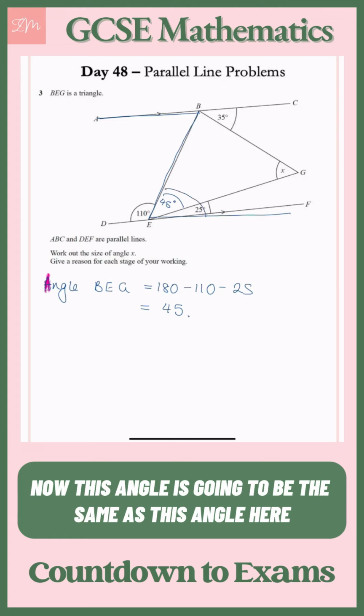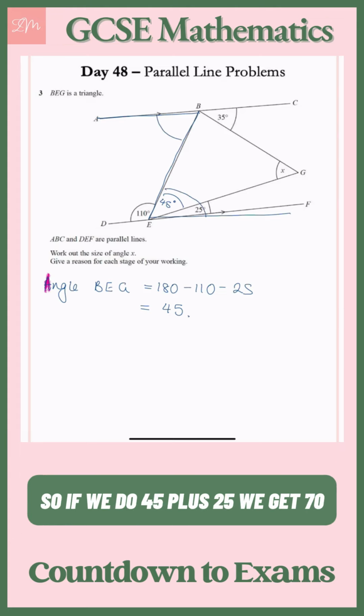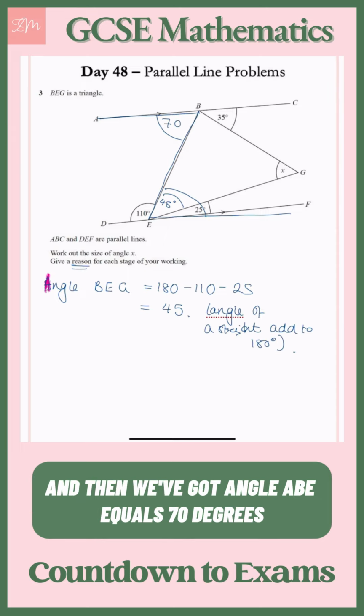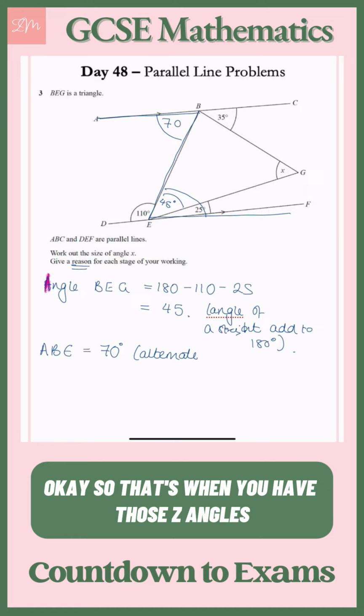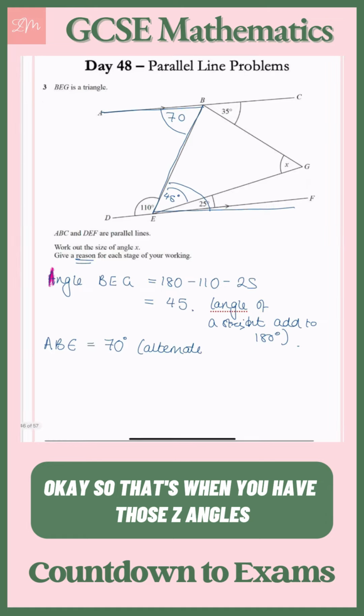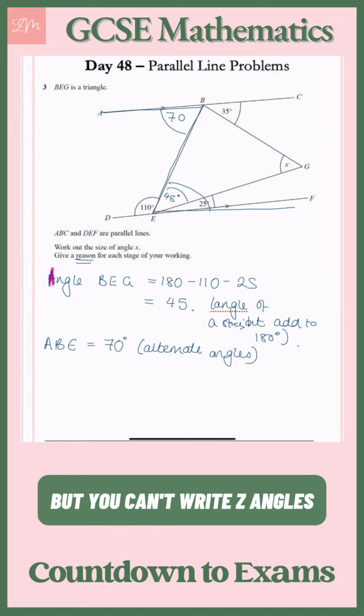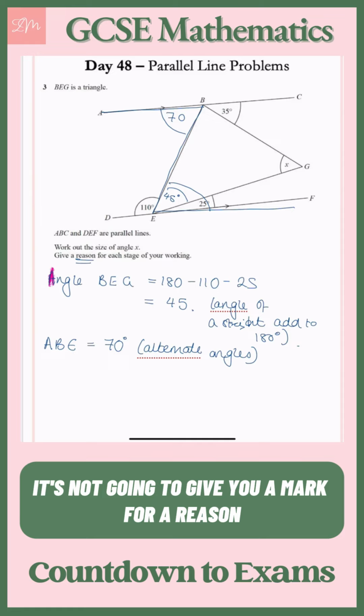Now this angle is going to be the same as this angle here. So if we do 45 plus 25, we get 70. And then we've got ABE equals 70 degrees, and that's called an alternate angle. Okay, so that's when you have those Z angles. But you can't write Z angles, it's not going to give you a mark for a reason.